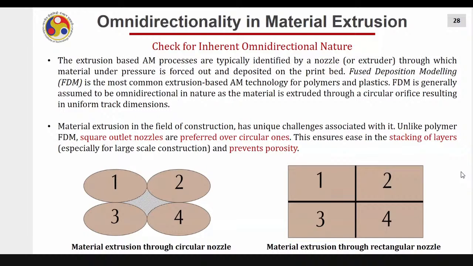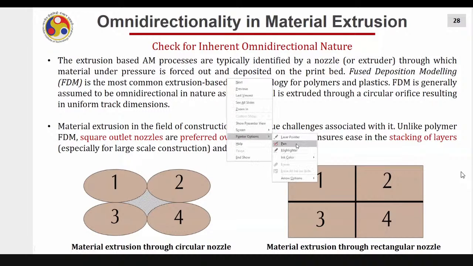But in the case of material extrusion in the field of construction, they have a unique challenge. Because unlike polymer FDM, square outlet nozzles are preferred over circular ones in the case of construction industry, if you closely observe sometime. Why so? Because this assures the stacking of the layers and prevents the porosity. I'll just show you here.